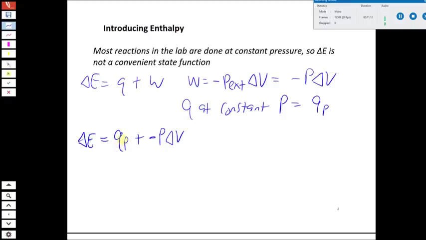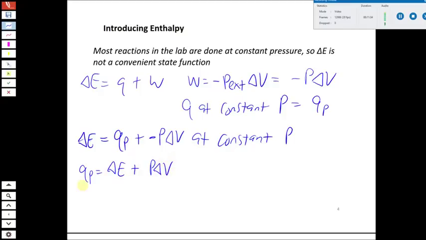Heat is just putting a little P next to it to indicate that we're talking about constant pressure specifically, and minus P delta V for work, as long as we're at constant pressure. This is another form of the equation that works. So then what we're going to do is solve for QP. So QP is equal to delta E plus P delta V.